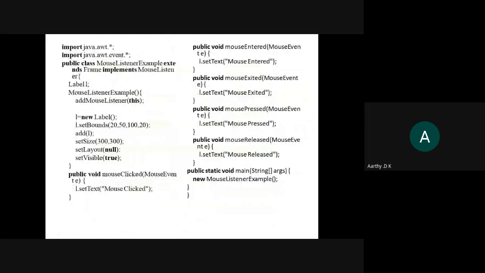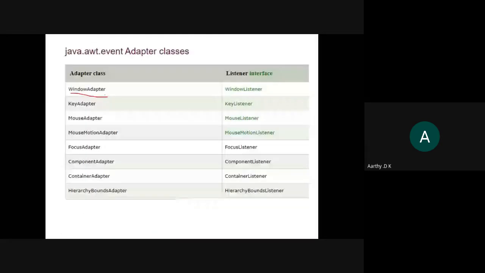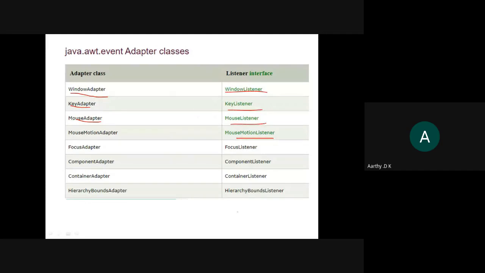Now it is just the adapter: key adapter, mouse adapter. The listener is the same, key listener, mouse motion listener. Everything remains the same. So we call them window adapter, key adapter, and so on. And that's it.